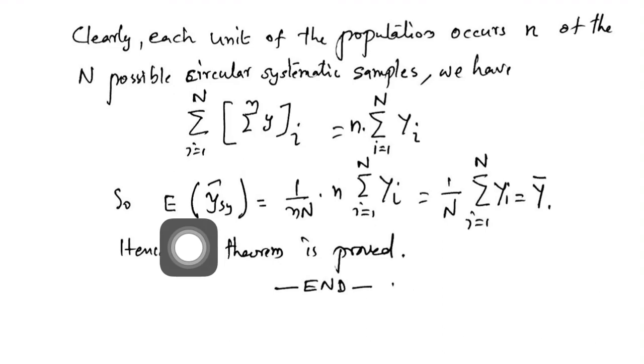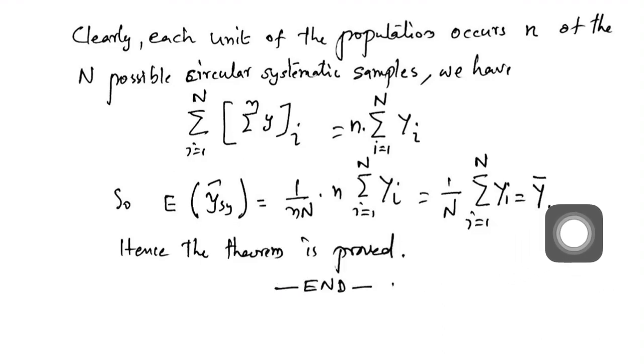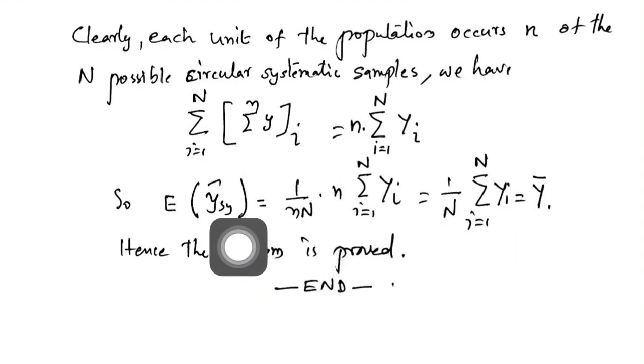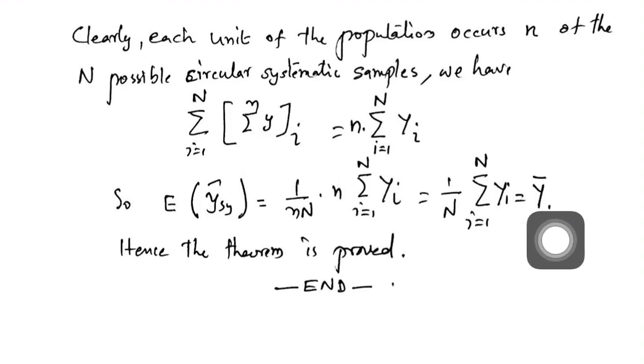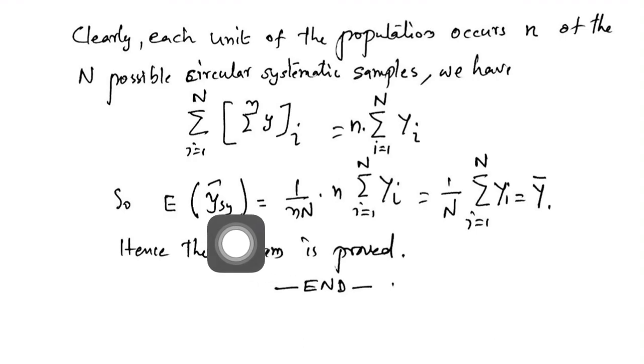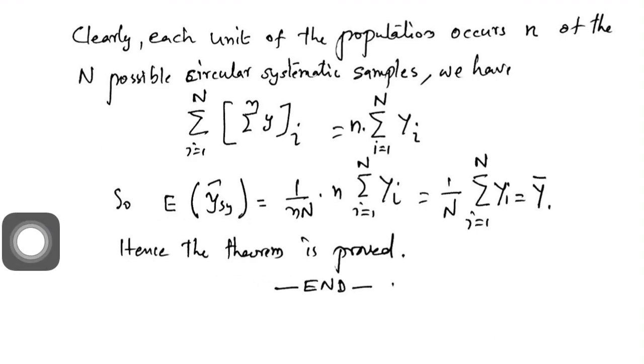Okay, so we evaluate the expectation of y bar sy as capital Y bar, and this means that y bar sy, the systematic sample mean, is an unbiased estimator of capital Y bar. Okay, so capital Y bar, the population mean, can be unbiasedly estimated by the circular systematic sample mean.